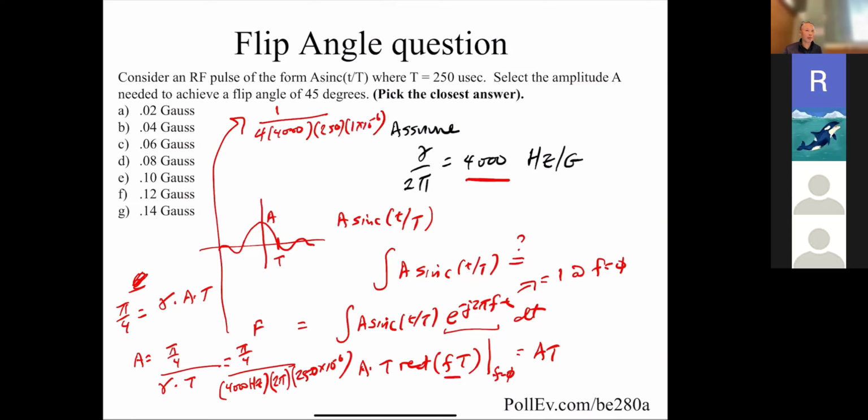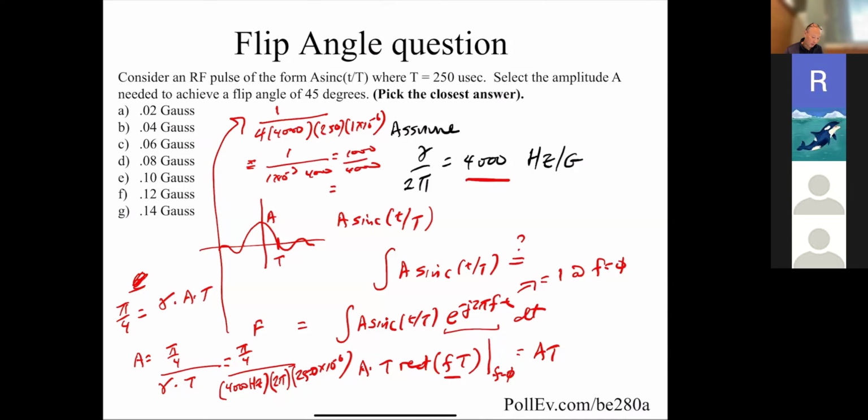Can someone calculate that? What is the answer? Let's see, that's 1 over 1 times 10 to the minus 3 over 4,000, so 1,000 over 4,000.